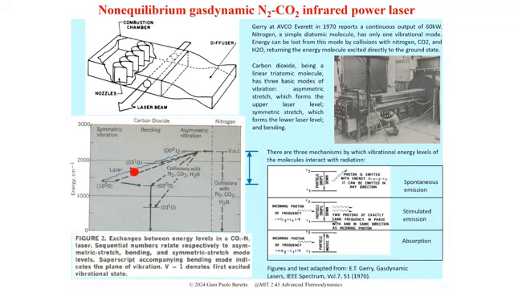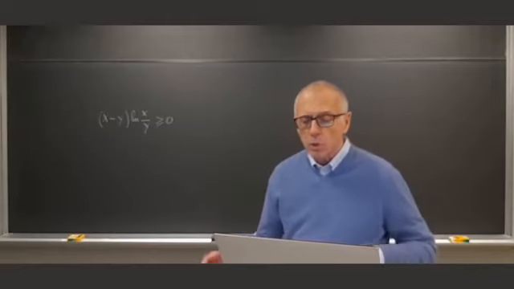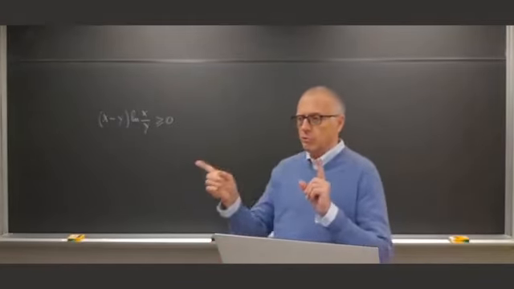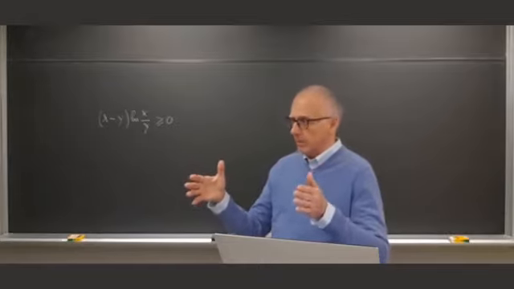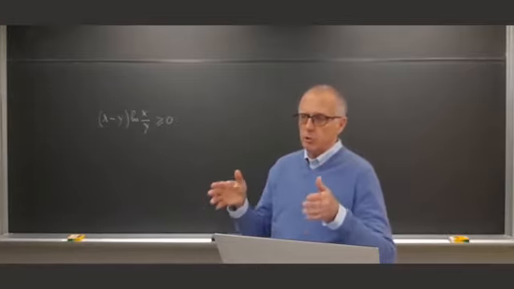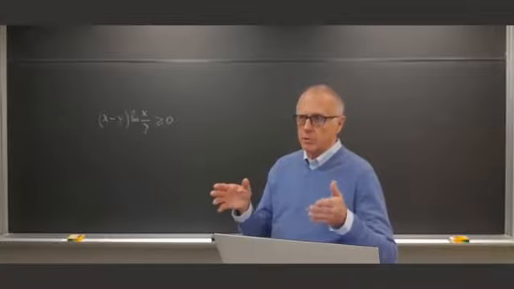So you have a net release of photons, and if you put that between mirrors, so that these photons go back and forth and stimulate the emission, then you get the building up of coherent light, photons with the same frequency, same direction. So that's a laser.